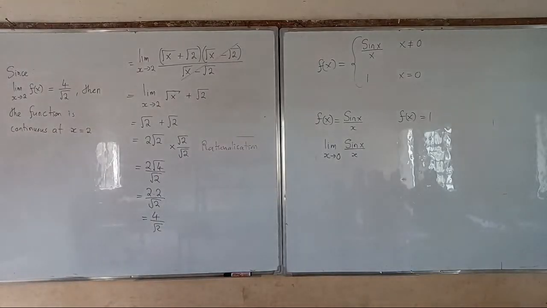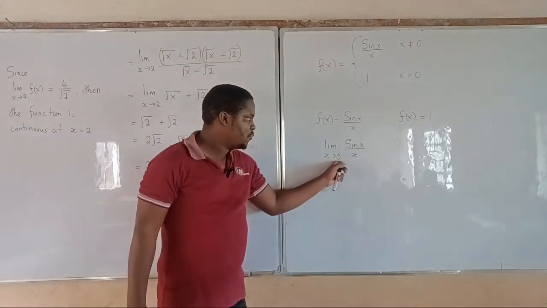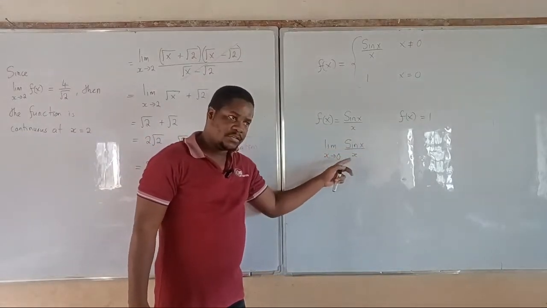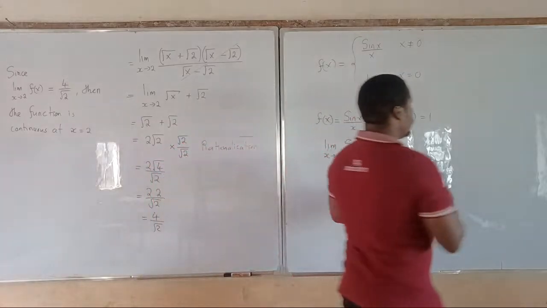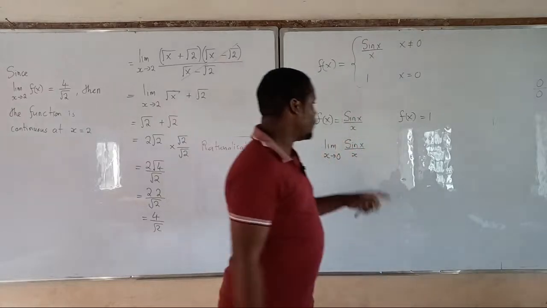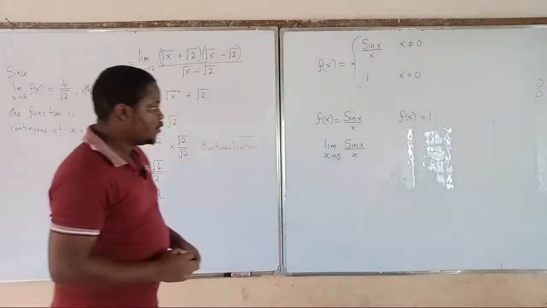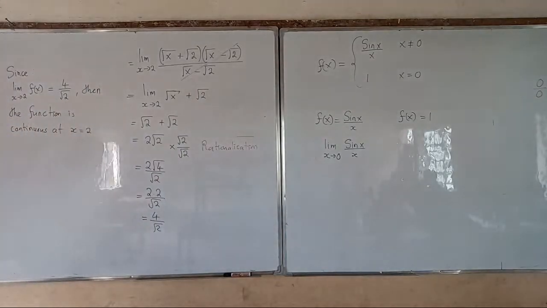So based on what we have there, sin x over x, what does it mean? It simply means that when we replace x with 0, we get a 0. So the result will be a 0 over 0. Sine 0 is 0. Replace x with 0, still get a 0. Is that okay? So after that, this is what will happen.